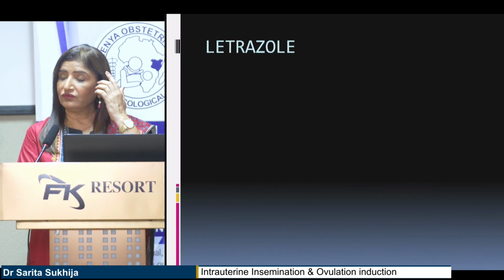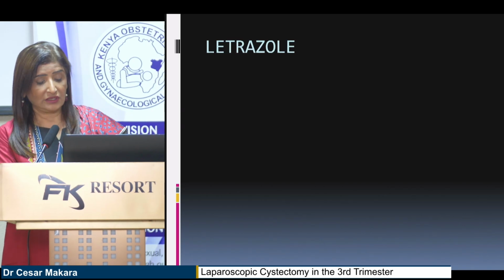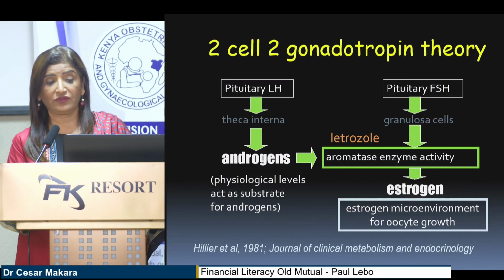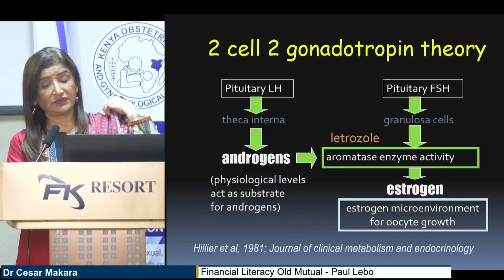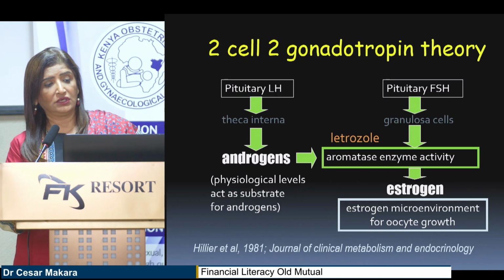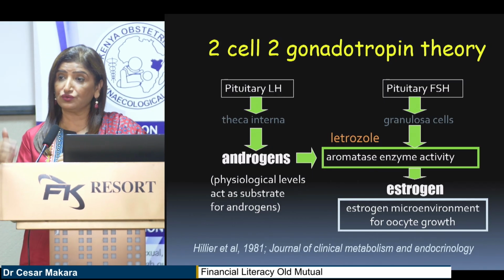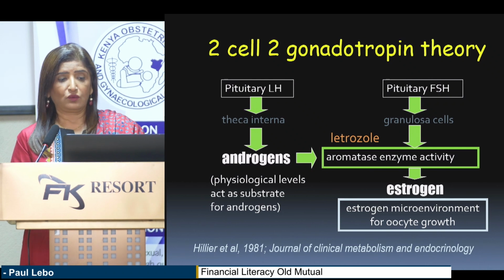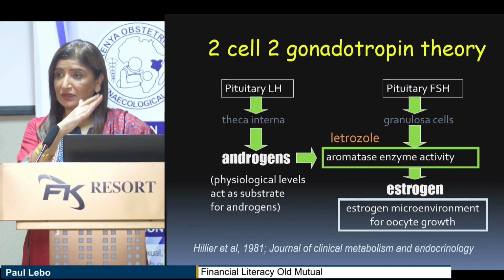Now, why are we preferring letrozole nowadays? Because it doesn't have the anti-estrogenic side effects like clomiphene. If you look at the two-cell two-gonadotropin theory, the pituitary LH acts on theca interna, and it converts androgens into estrogens through the aromatase enzyme activity. Letrozole is an aromatase enzyme inhibitor.